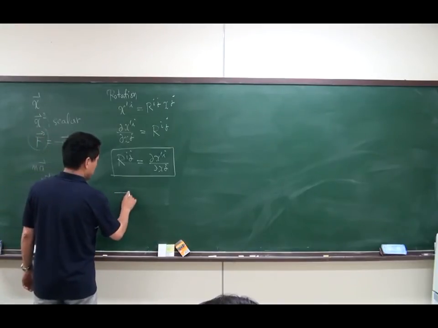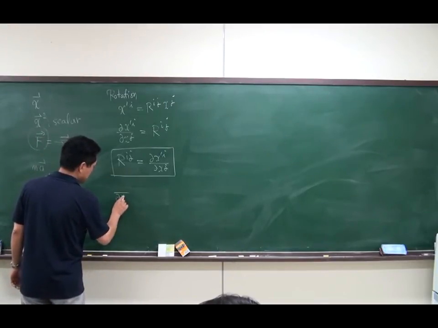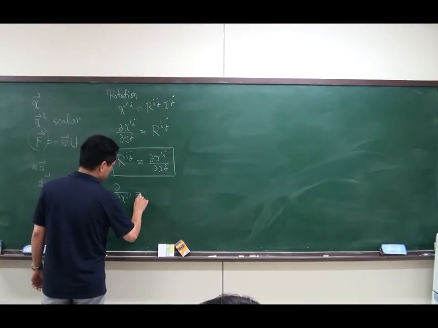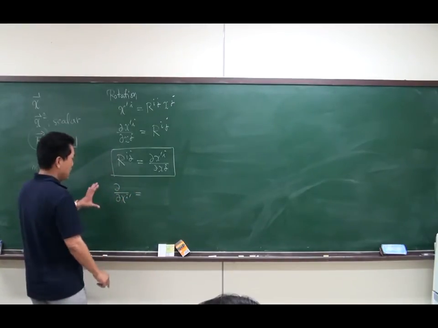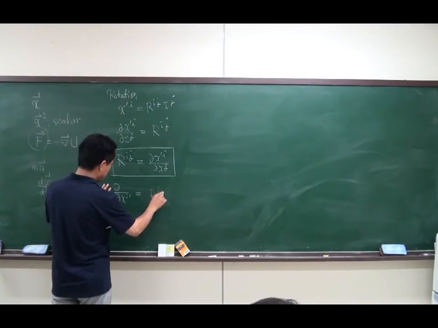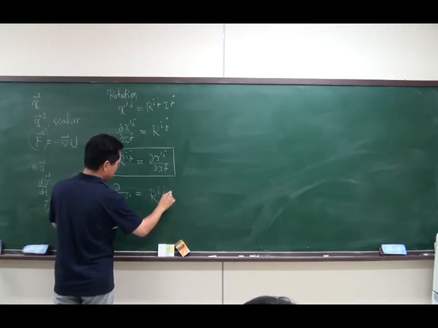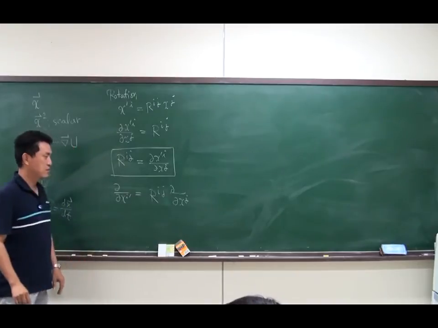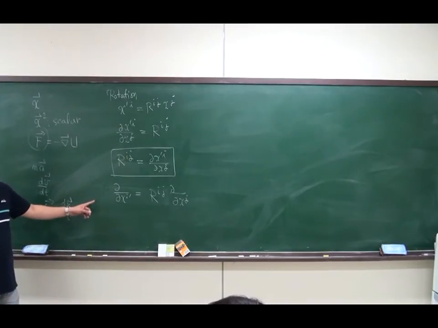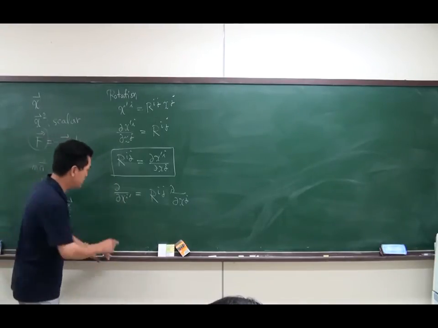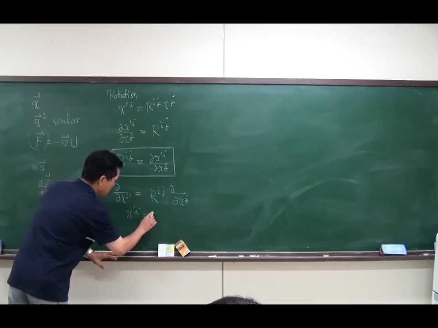So what I want to know is, x_i prime, what I have to know is this guy transforms like R_ij. Am I right? If this guy is a vector, it should transform exactly the same as x_i prime = R_ij x_j.